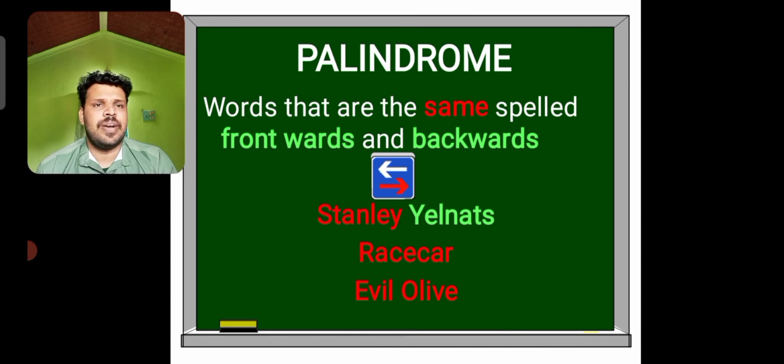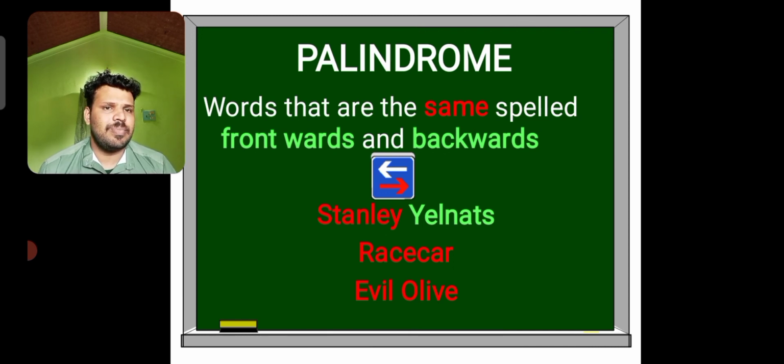Next and final one, palindrome. Palindromes are words that are spelled the same frontwards and backwards. Look at the examples. Stanley Yelnats. Stanley, from backwards, Stanley. Same.